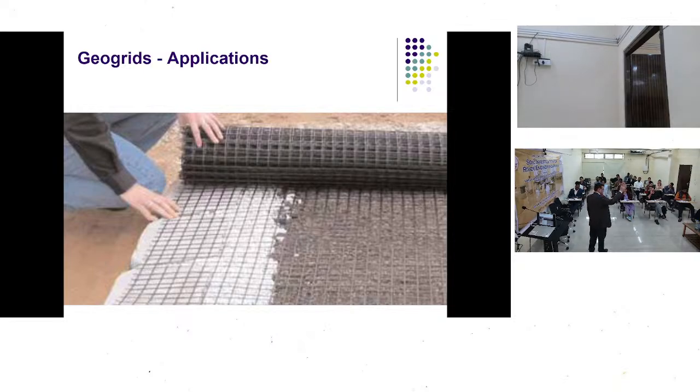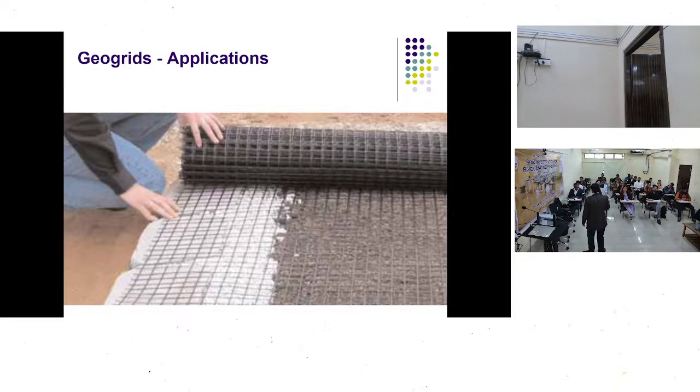If there is a slip circle, this slip circle will be passing through these geogrids. Now failure can occur if and only if either the geogrid fails in tension or it fails in slippage. Either the geogrid slips out, then this whole soil mass will go, or the geogrid fails in tension.